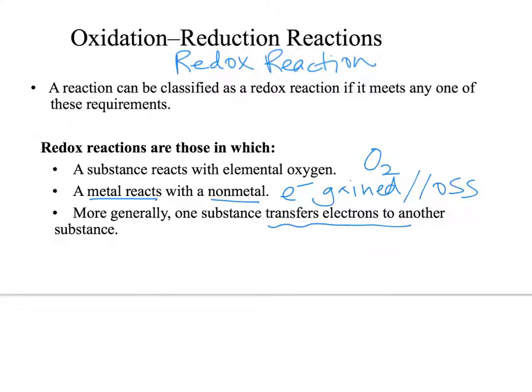So if you have a reaction that you believe to be a redox reaction, it's because either elemental oxygen is involved as a reactant, you have a metal and a nonmetal coming together to create a product, or you can see that you are dealing with positive and negative ions, so that there is a transfer of electrons from one element to another.